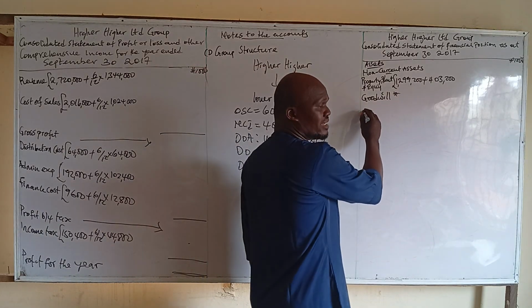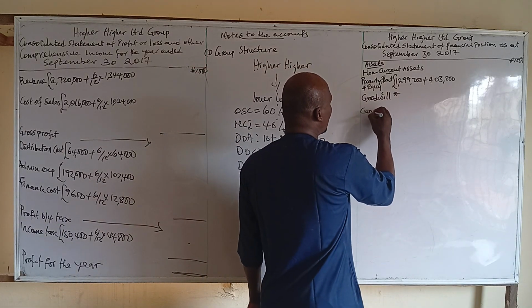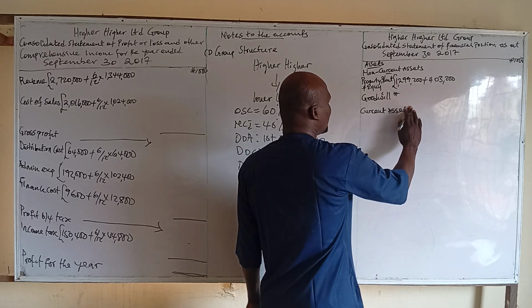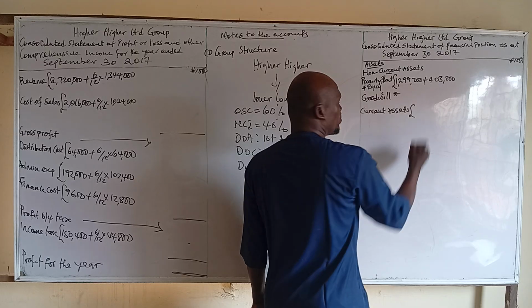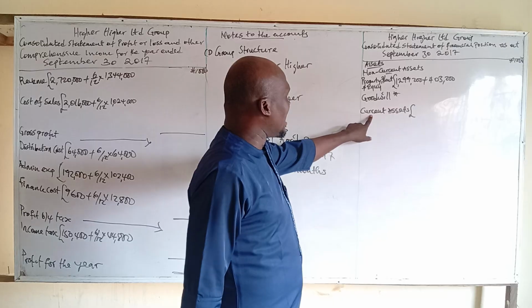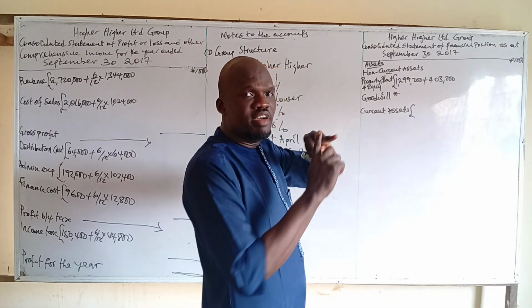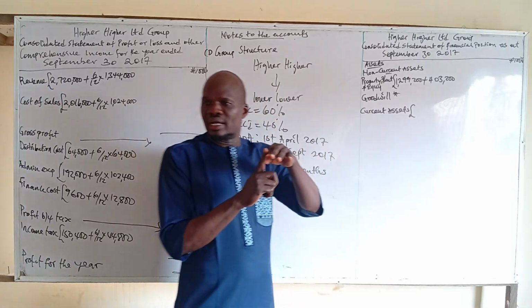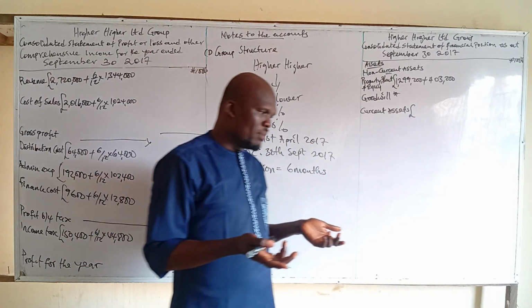The next line item is current assets. Any breakdown of current assets? No breakdown, so we have a long figure and we open a bracket. This current asset consists of inventory, receivables, cash, bank.